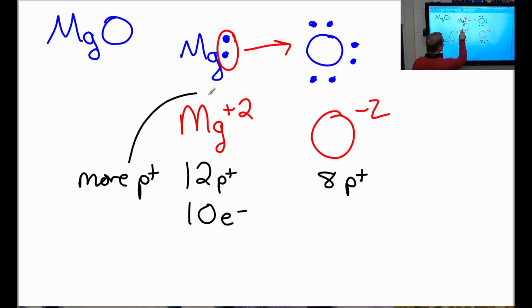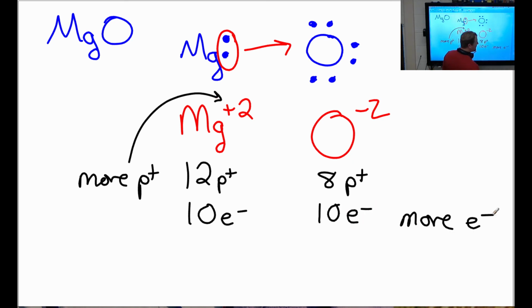Hence the +2. Oxygen gains 2 electrons. It has 10 electrons. It's more negative because it has more electrons, hence the -2. When the +2 and the -2 see each other, they're like, oh, we can cancel each other out. +2 and -2 ends up 0. That's what we're going for here. So they join forces, opposites attract, and you end up with MgO.